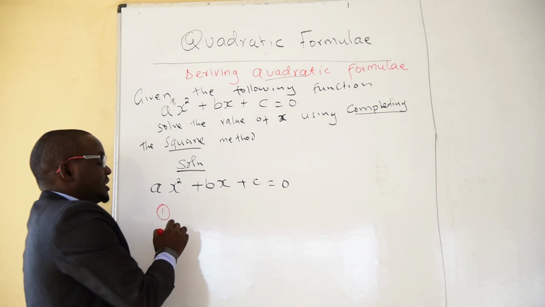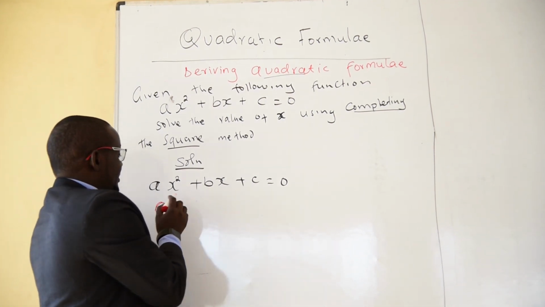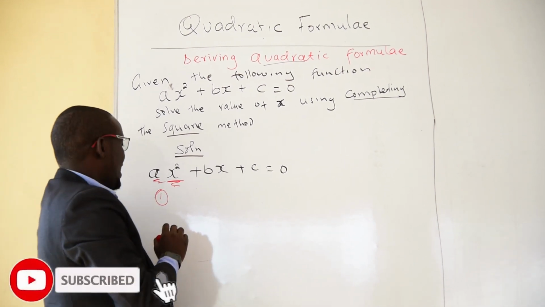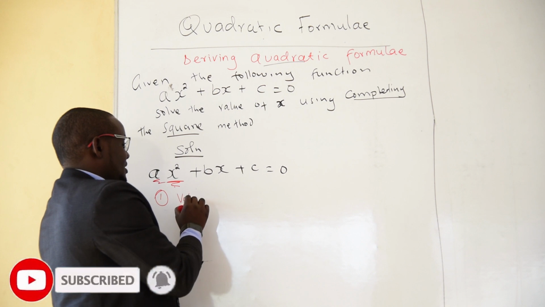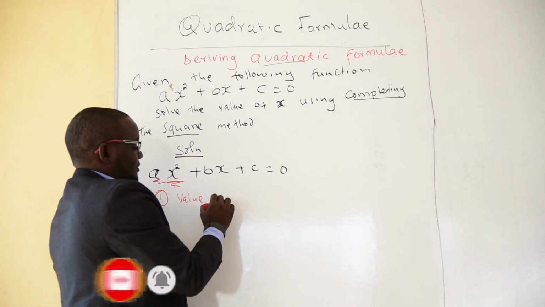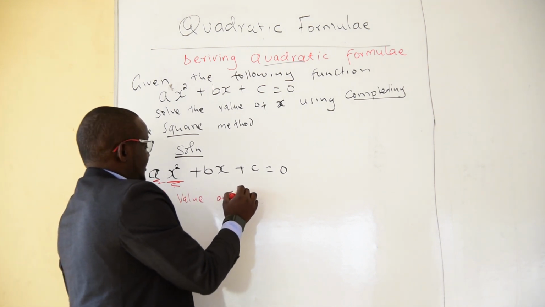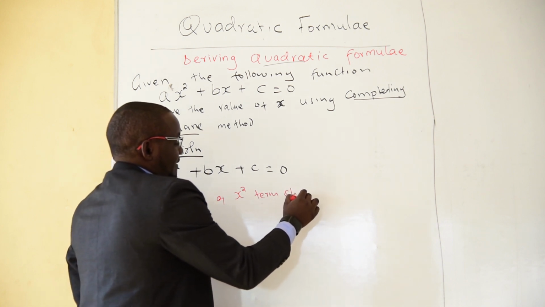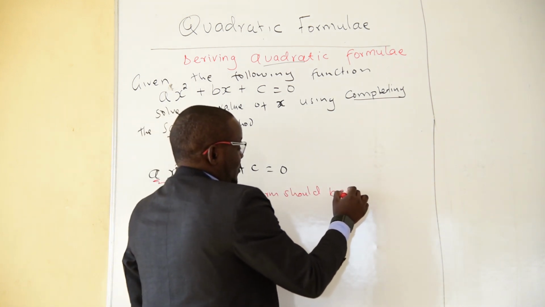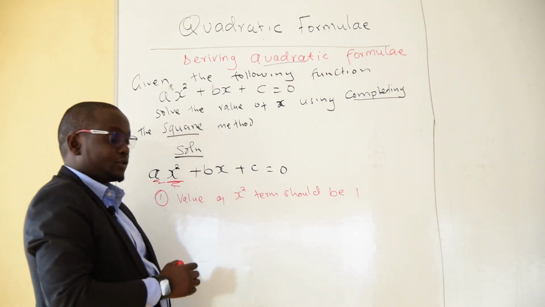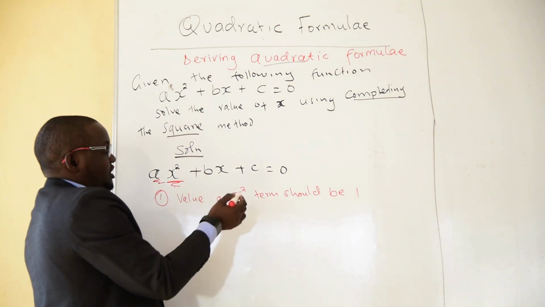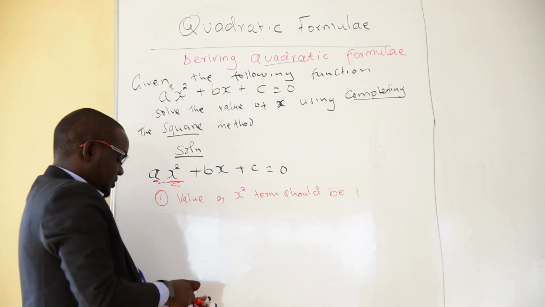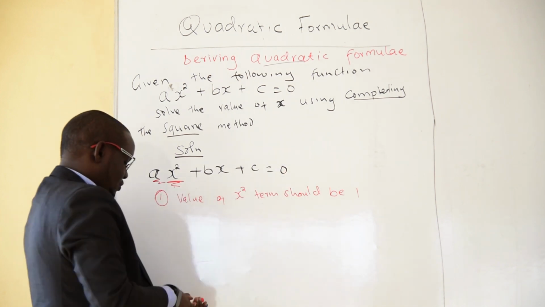The first condition is that the coefficient of the x squared term should be 1. The other condition is that the equation should be equal to 0, and of course this one is equal to 0. So let's make the x squared coefficient equal to 1.